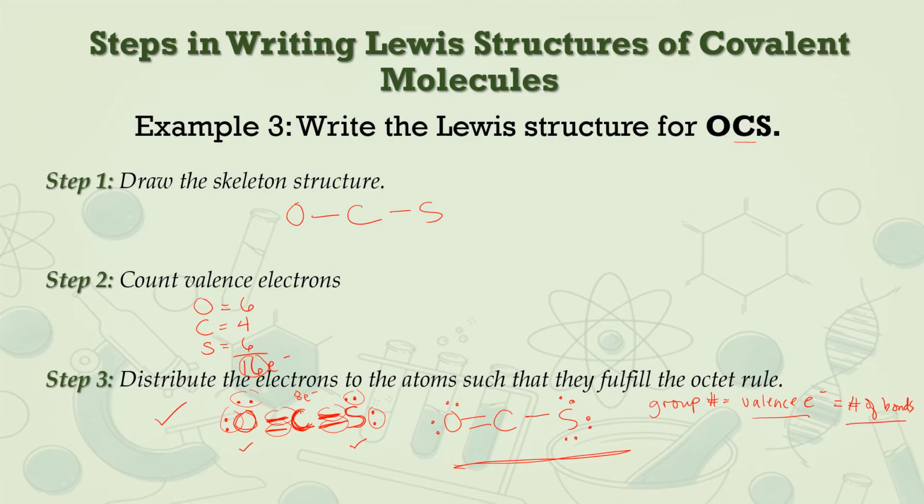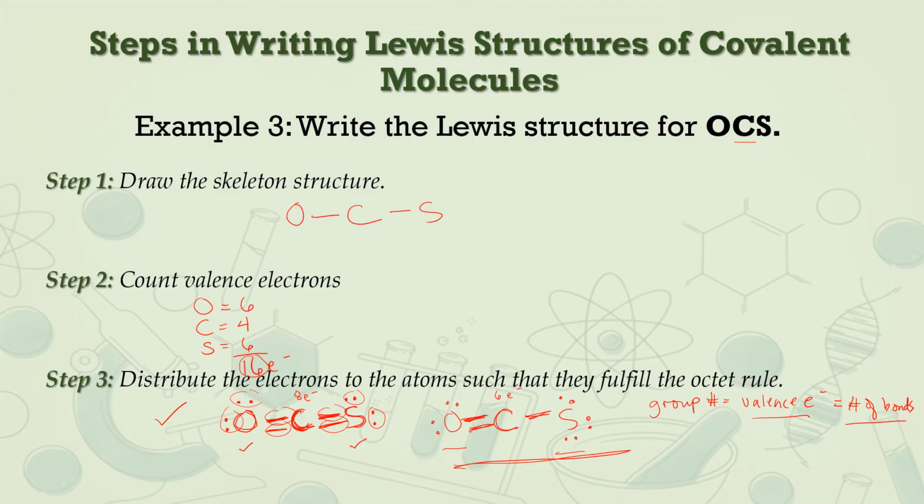So what makes this wrong is that, first, carbon here only has 6 electrons, although both of the attached elements obeyed the octet rule. And one thing more, since carbon here has 6 electrons, it also only has 3 bonds. So we have 1, 2, and 3.